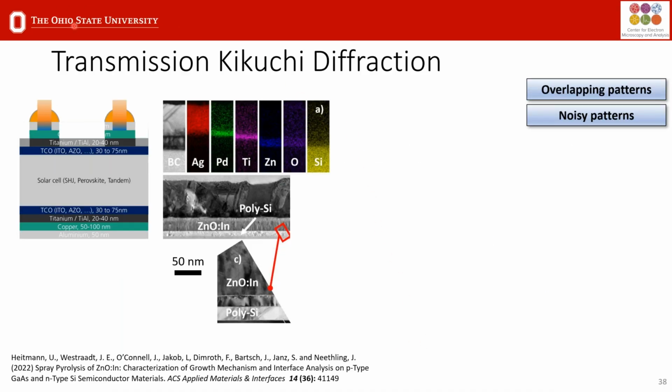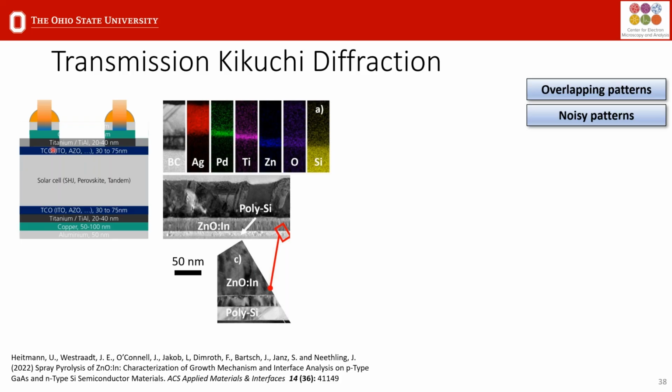The next example is also transmission Kikuchi diffraction. And here we looked at a transparent conductive oxide, and that's used in a solar cell application. For this particular project, normally these layers are deposited onto a silicon substrate using a high vacuum sputtering technique.